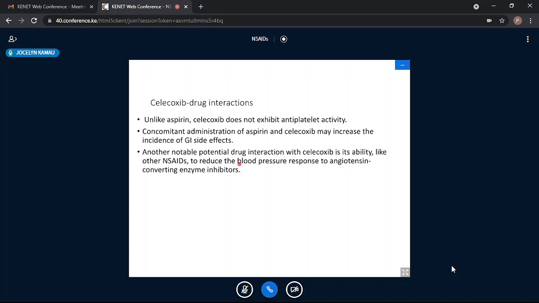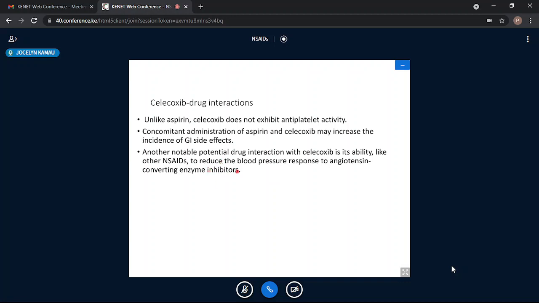Another notable potential drug interaction with celecoxib is its ability, like any other of the non-steroidal anti-inflammatories, to reduce the blood pressure response to angiotensin converting enzyme inhibitors. Drugs reduce blood pressure, and one of the compounds in the body that raises blood pressure is angiotensin, formed by the angiotensin converting enzyme.